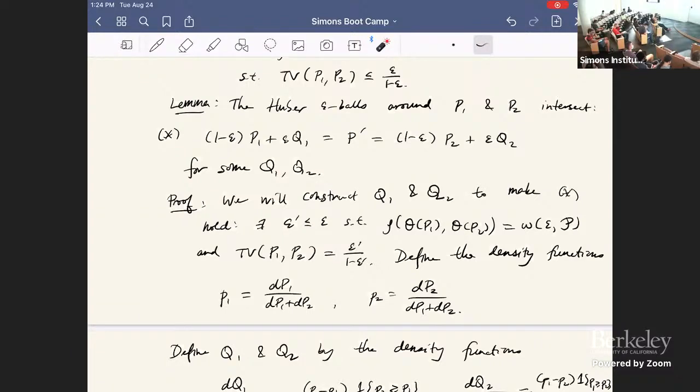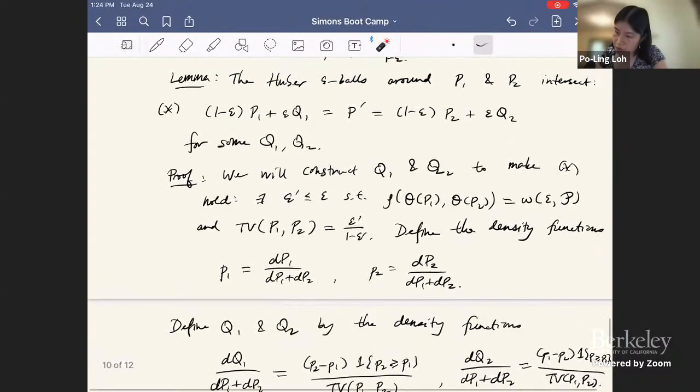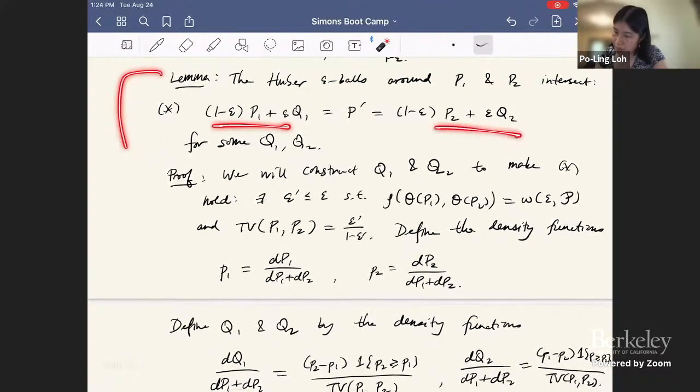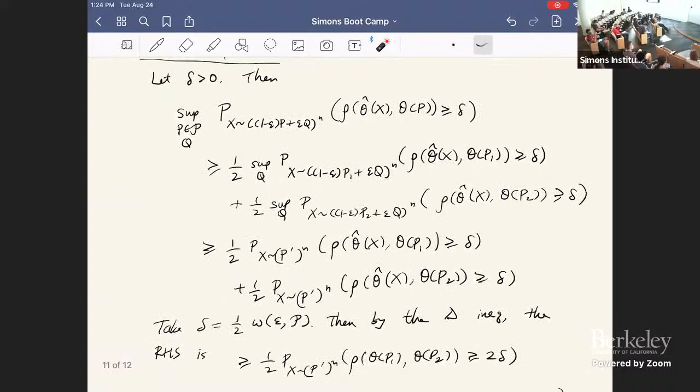Sorry, your screen was lagging a bit. Underneath the lemma? Yeah, so we assume that the lemma is true, right? Then that gives us a distribution which is inside both balls. Yeah, so at this calculation, in the very first inequality where you write sup Q is bigger than or equal to, and then two terms involving sup Q, I think you can't.